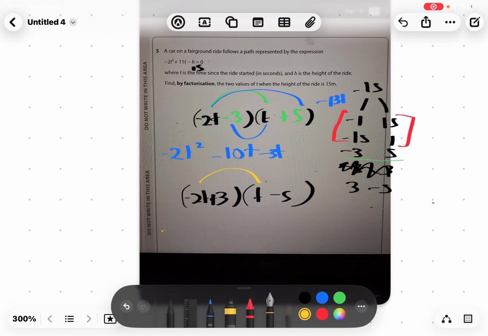This by this, negative times negative gives positive, so we get a positive 10. After that, this times this, plus 3. And then, where is it?